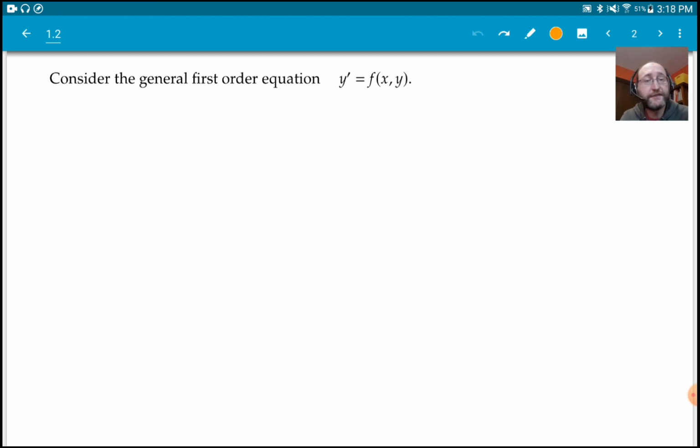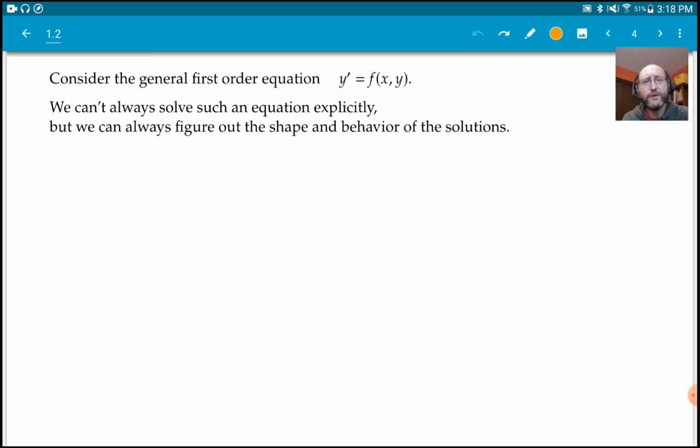So let's consider a general first order ODE. We're saying that some function y's derivative is some expression in x and y. We can't always find a solution y; we can't always solve this equation explicitly.